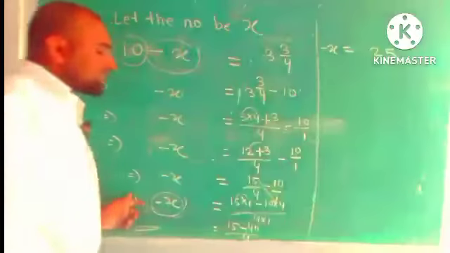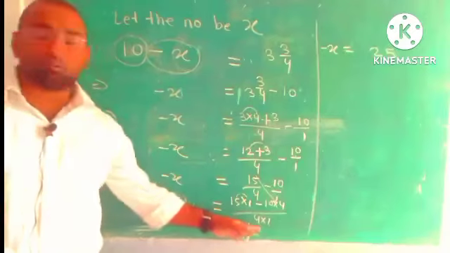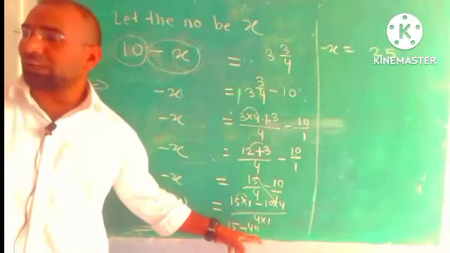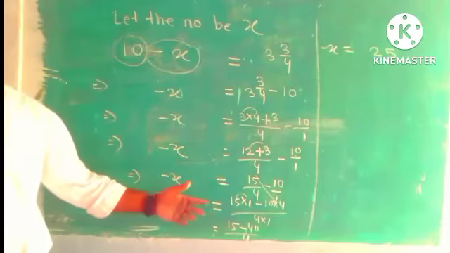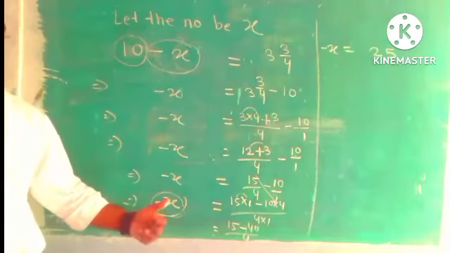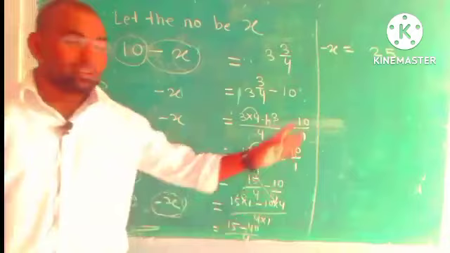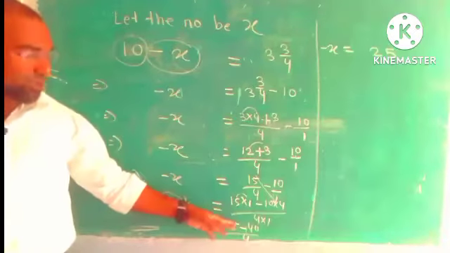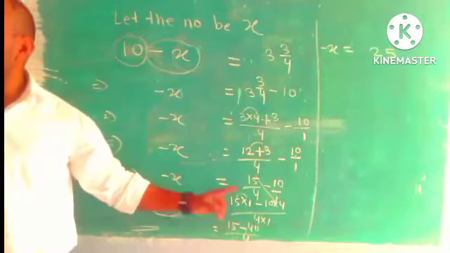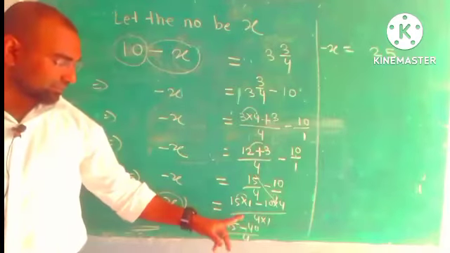25. Now see here, which one is the greater number, 15 or 40? 40. And before the greater number what's the sign? Minus.